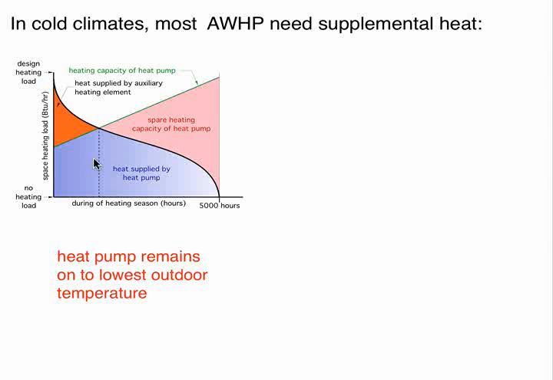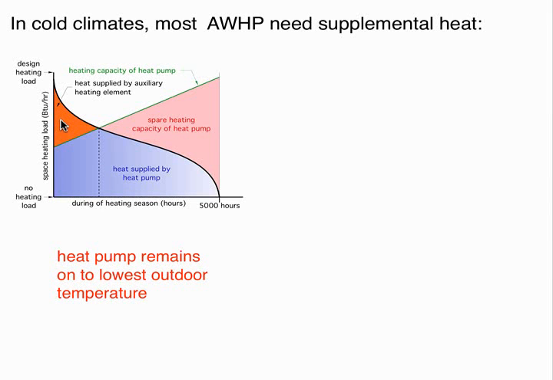If we look at this graph, that blue shaded area would represent a pretty high percentage. If you look at the total area under this black curve, the blue shaded area is a high percentage of that, perhaps 80, 85% of it. The orange shaded area represents the energy contributed by the supplemental source.